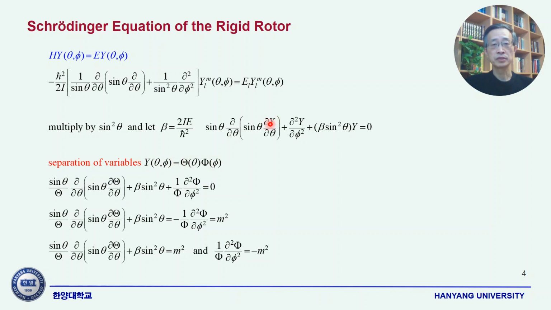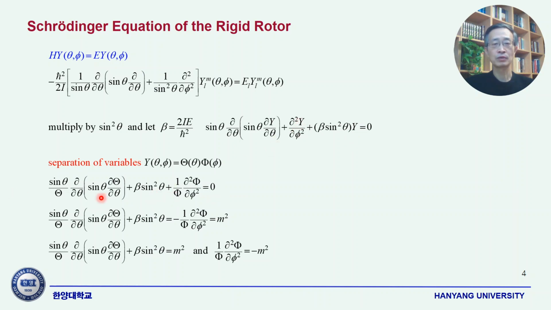The phi part was carried along in the theta differentiation, so dividing leaves 1 over theta here, and likewise for the other term.